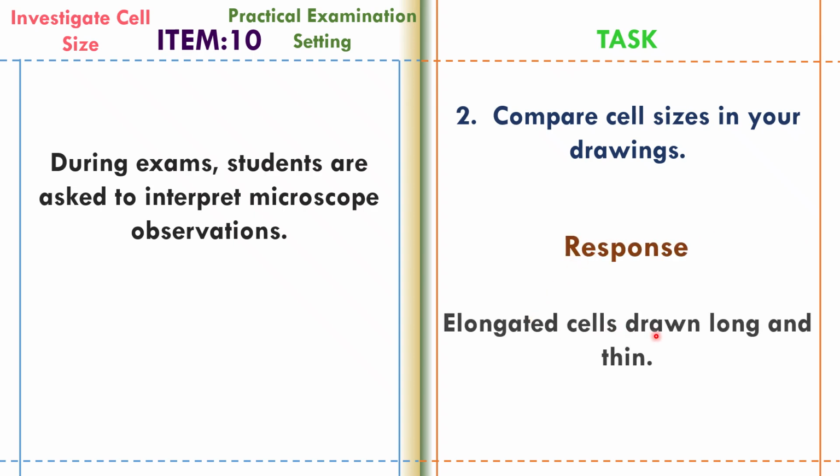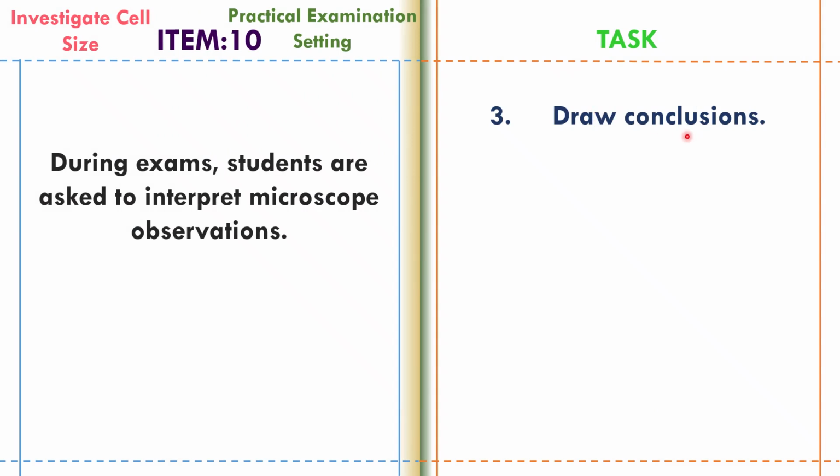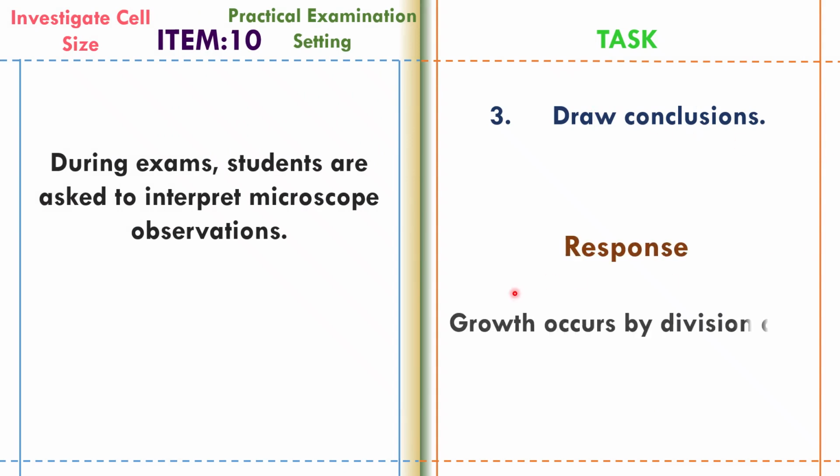Elongated cells are drawn long and thin. Draw conclusion: growth occurs by division and elongation of cells.